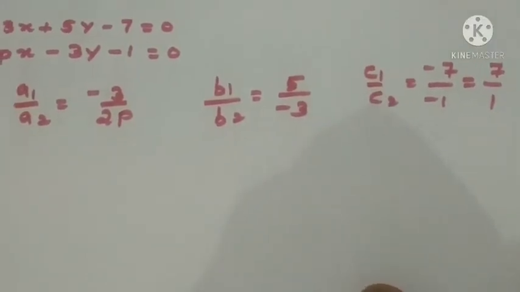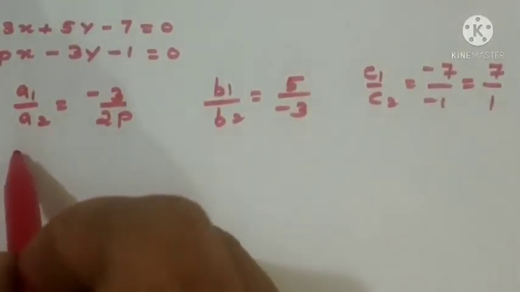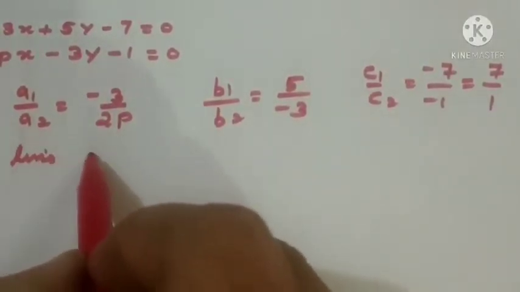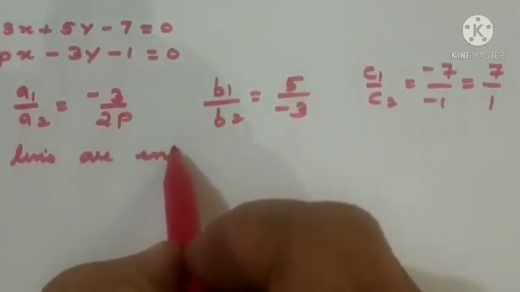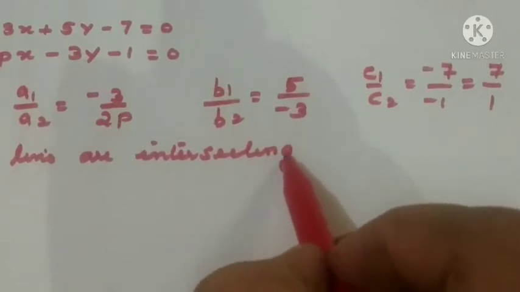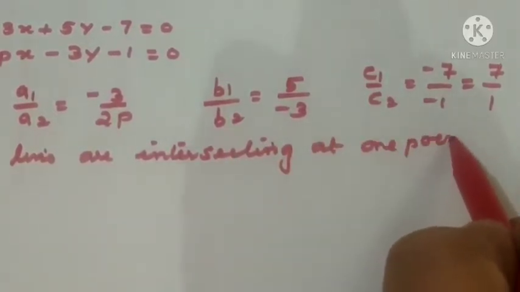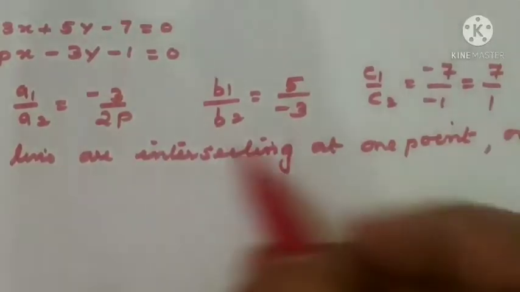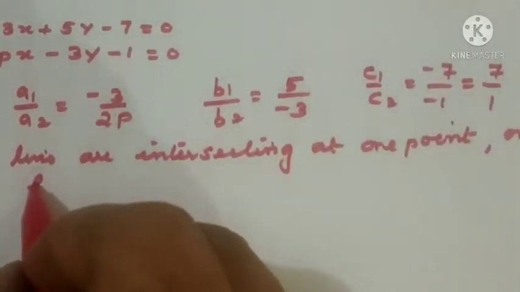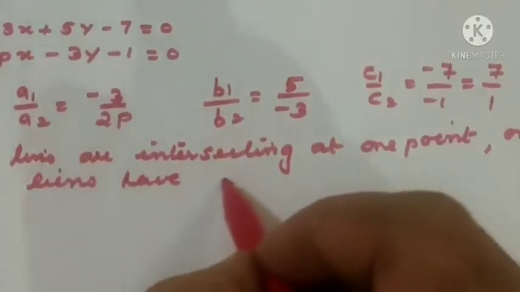Okay. Now what is the condition? A unique solution is given. The lines are intersecting at one point, or we can say the lines are having a unique solution.